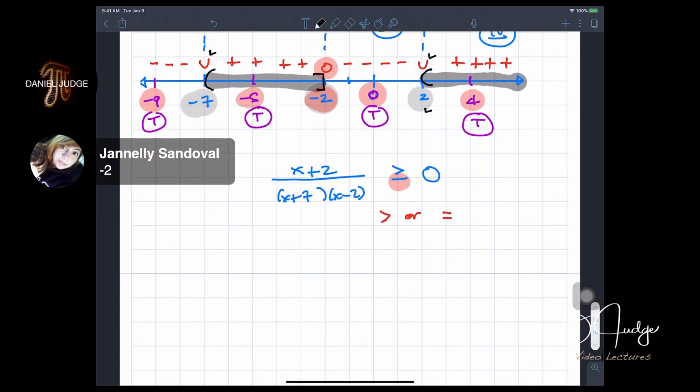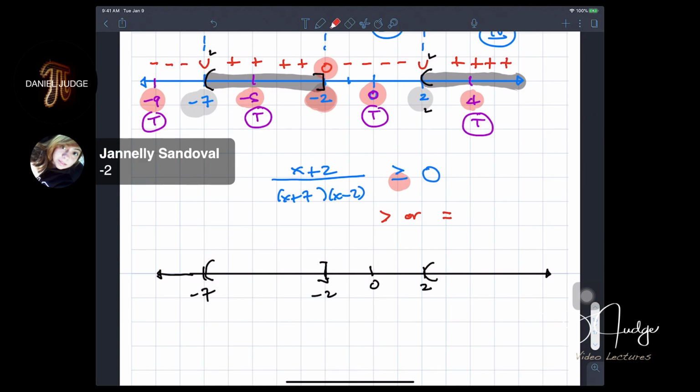So you're really looking at the answer. If we try to clearly draw all this. Zero, 2, negative 2. Only bracket around the negative 2.